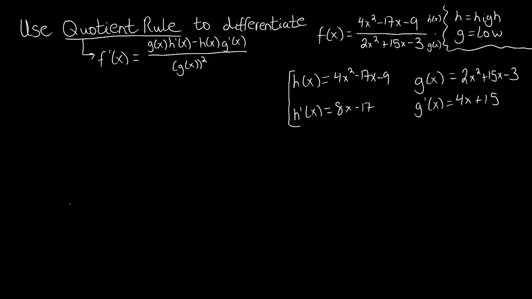So what we're going to do now is come over here, write our f prime of x down, plug those pieces into the puzzle, and see what our derivative is. So f prime of x, the first thing that we have is the low function, which is g of x. So we have 2x squared plus 15x minus 3. And this is going to be multiplied by d high. So the derivative of high was 8x minus 17.